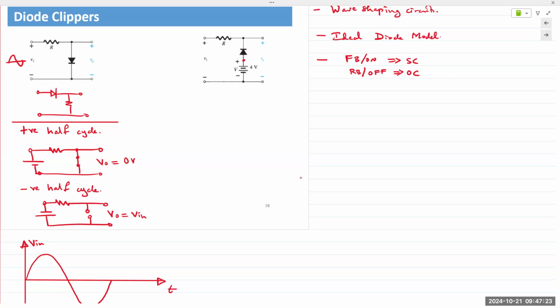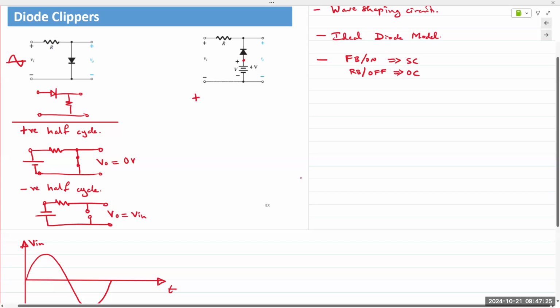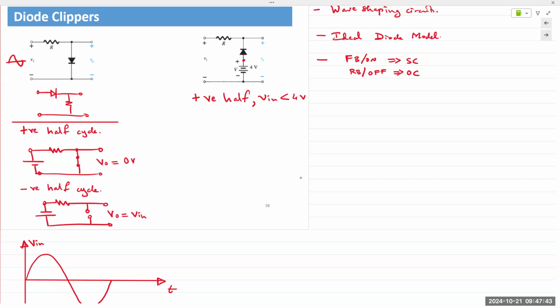So we would say in the positive half cycle, or positive half, with V in or Vi less than 4 volts, the diode is on, so it behaves like a short circuit.